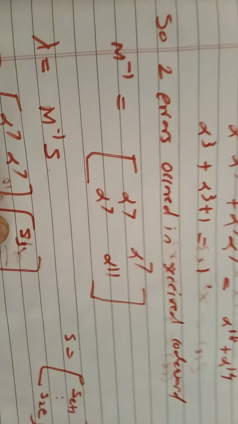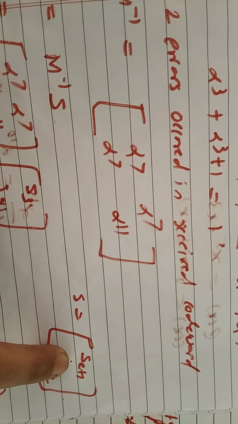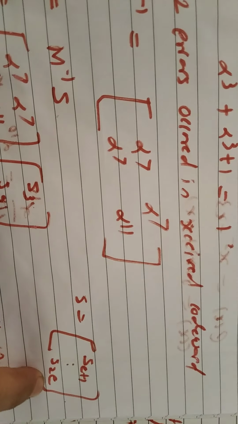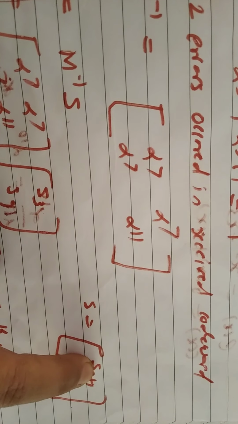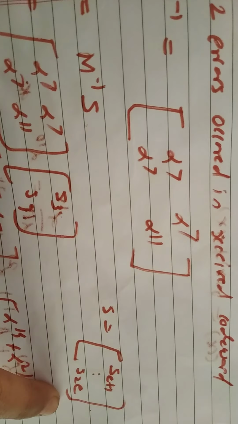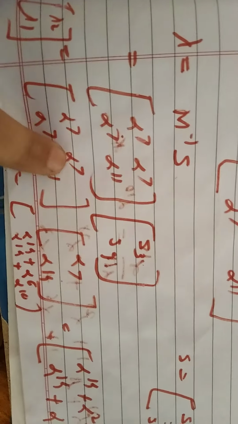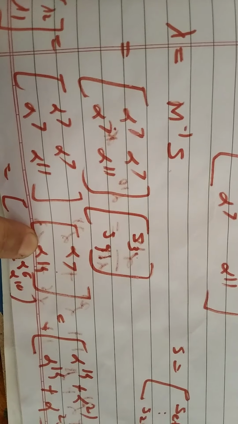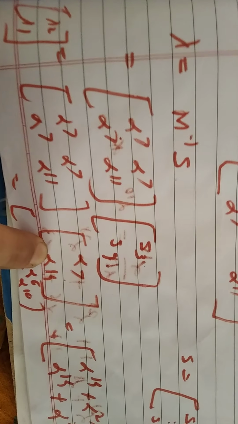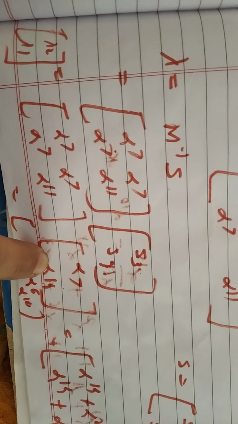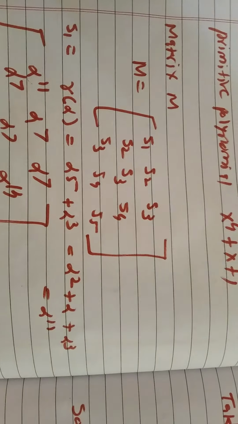Now what is S? S is equal to S(E+1), S(2E). The number of errors is 2, so 2 plus 1, that means S3, and 2E means 4, so S4. Now you have to do the multiplication of this. The S3, S4 values you can put here, which were already computed while solving the matrix elements of the 3 by 3 matrix for 3 errors.